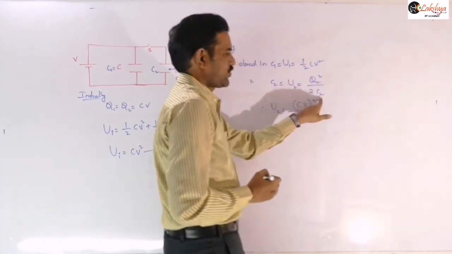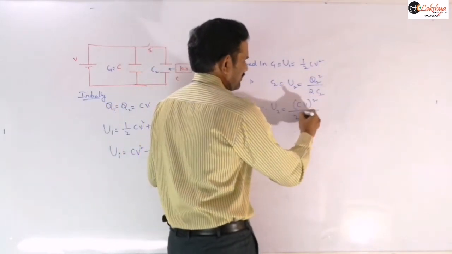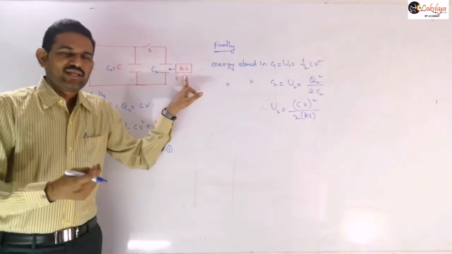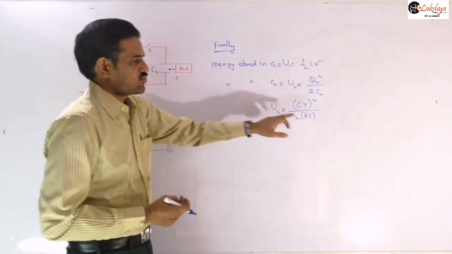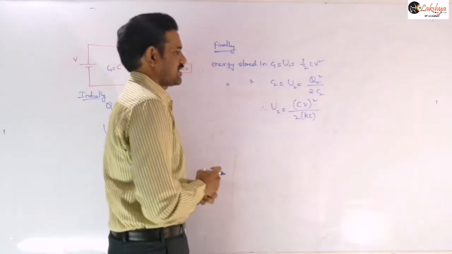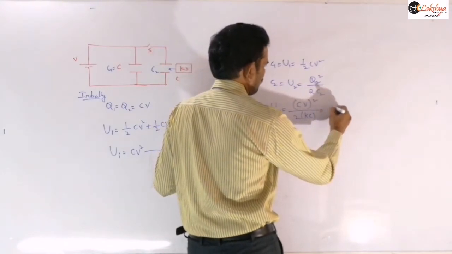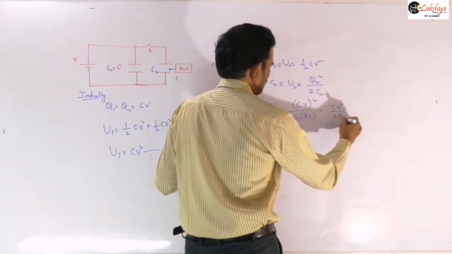Now this C2 will become K times that of C, because we are introducing the dielectric. Once the dielectric is introduced, the capacitance increases by K times, so the capacitance becomes KC, and this value you can write as CV square by 2K.